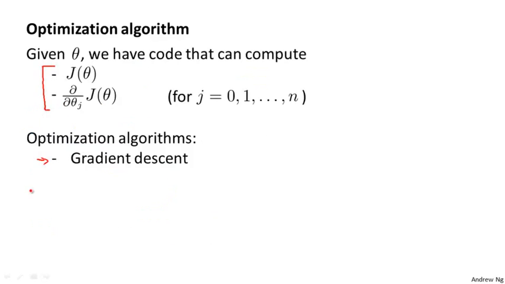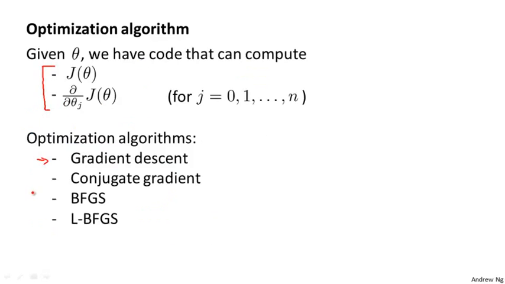But gradient descent isn't the only algorithm we can use, and there are other, more advanced, more sophisticated ones that, if we only provide them a way to compute these two things, are different approaches to optimize the cost function for us. So conjugate gradient, BFGS, and LBFGS are examples of more sophisticated optimization algorithms that need a way to compute J of theta and the derivatives, and can then use more sophisticated strategies than gradient descent to minimize the cost function.